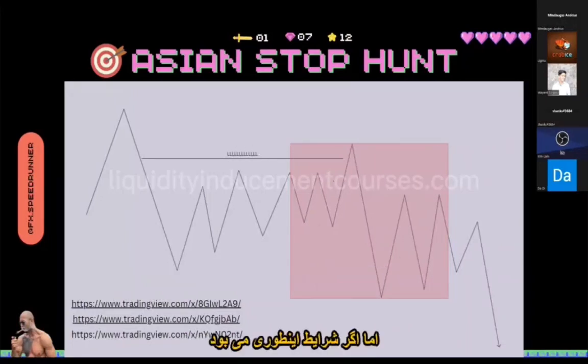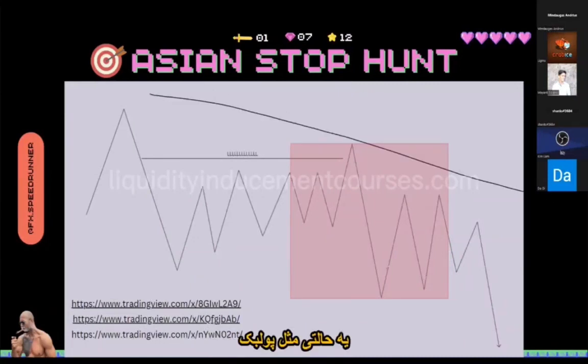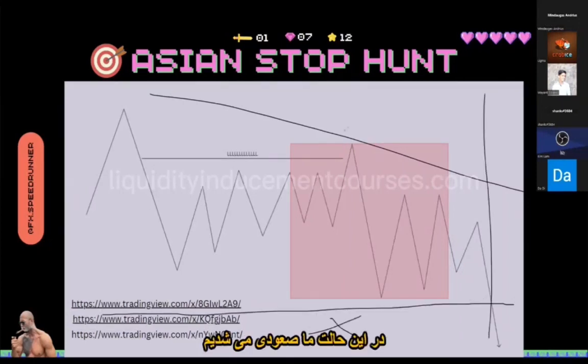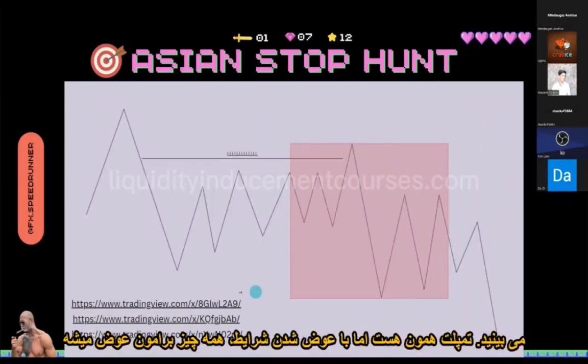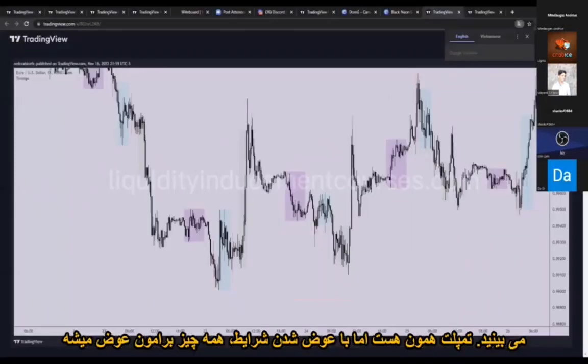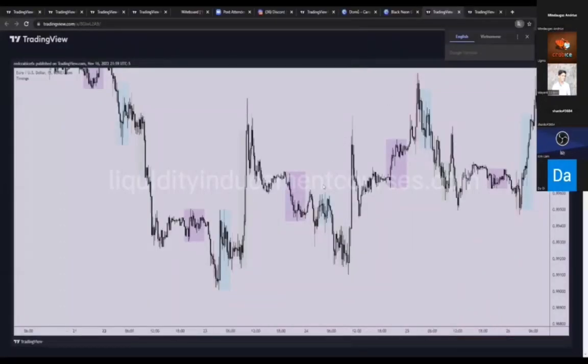But if the context is like this, you're pulling back and the higher time frame is bullish, and we take something from the left, then we are going to be bullish that day, obviously. So see, it's the same template, but the context is changing everything for us.